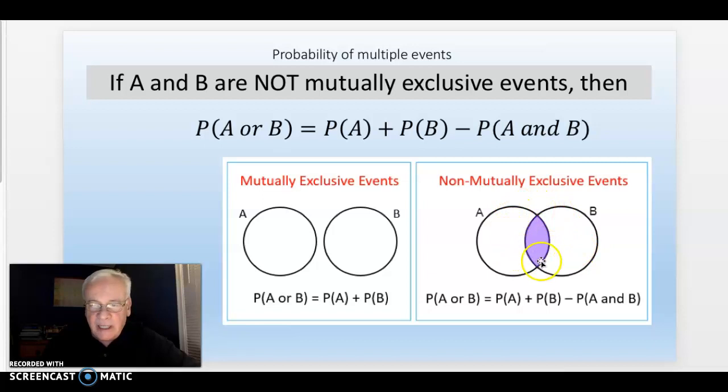Look at this right side here. See this purple part? When we take the probability that A happens, plus the probability that B happens, we've added this purple part twice. So we have to subtract it back out one time to actually find the true probability that either one of them happens, okay?